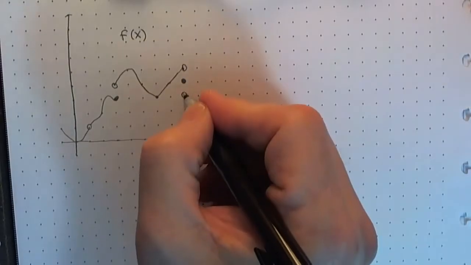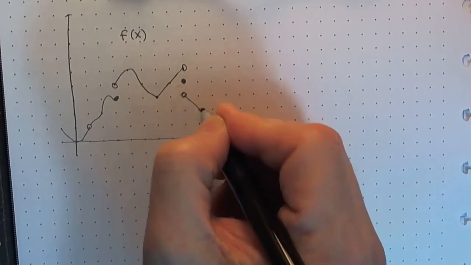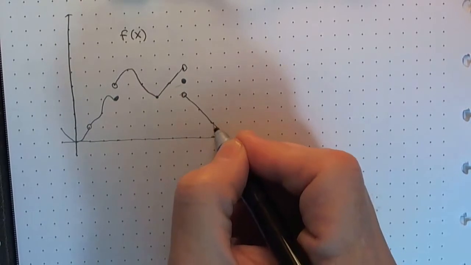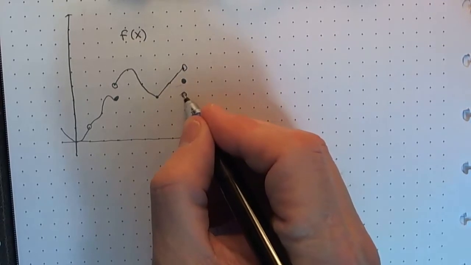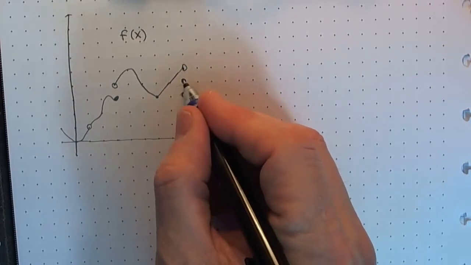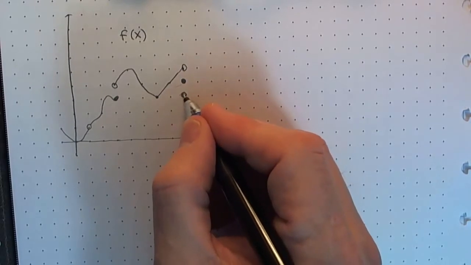Now, these open circles mean that, for example, here, the curve goes up, and it actually doesn't have a function value right here represented by this open circle. The function value is up here where you have the closed circle. So the open circle means there's not a function value right there.